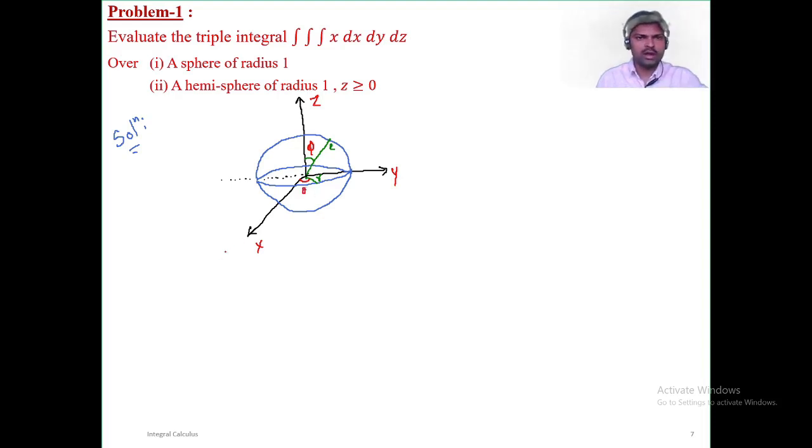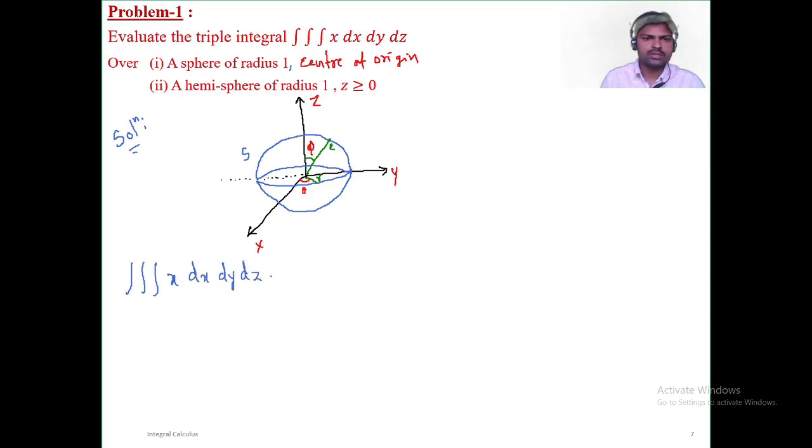Now let's carry out the integration over this solid. Let's call the solid of integration S. So the entire sphere, a sphere of radius 1, centered at the origin. Then the triple integration of x dx dy dz.